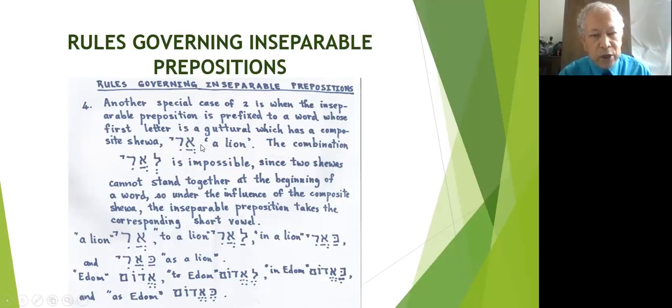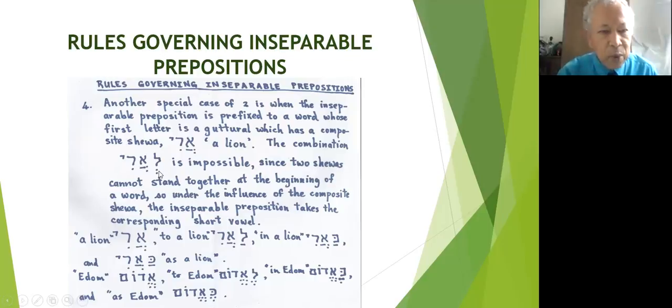So what are we going to do when we have the inseparable preposition having a simple schwa coming together with a noun that begins with a consonant followed by a composite schwa? The combination of le, ari is impossible since two schwas cannot stand together.